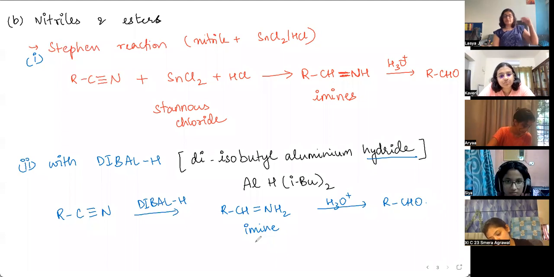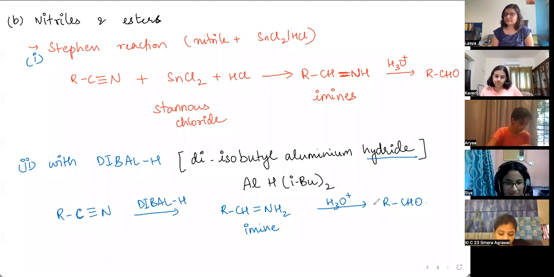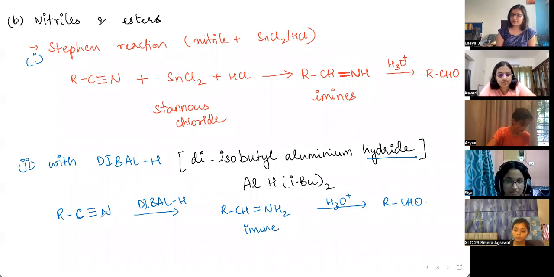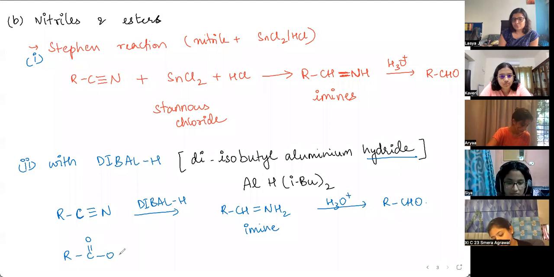Okay, so the key thing that you need to remember is that however many carbon atoms you start off with in the nitrile, you're going to have the same number of carbon atoms here. Just that the nitrogen is replaced by a double bond oxygen. So C triple bond N turns into RCHO. And with esters you have RC double bond O OR'.